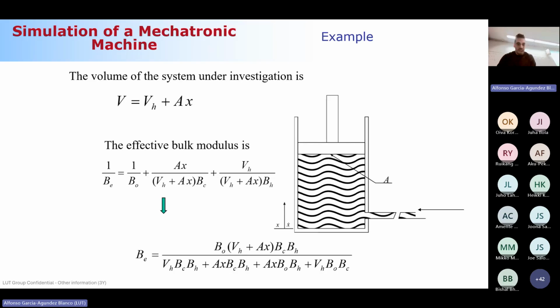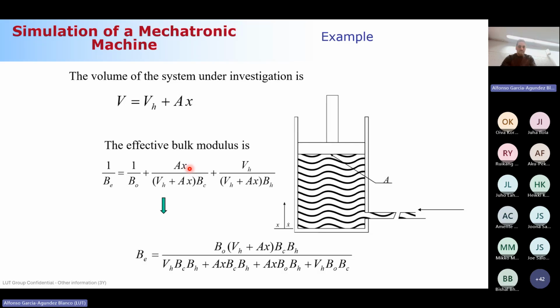In this case, the equation is always this one. 1 over the effective bulk modulus is equal to the first component that you have in the hydraulic circuit, the oil, the fluid, okay? So all your volume, the structure of these components, I imagine that you reviewed this before, but you always have a volume here in the denominator. Each of these fractions is a contribution, okay?